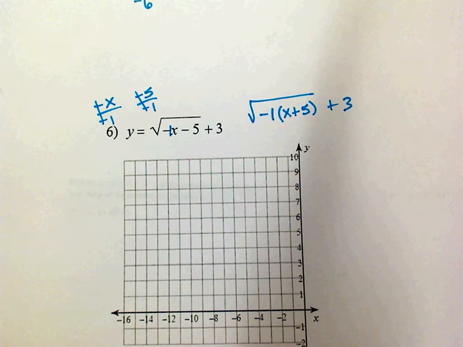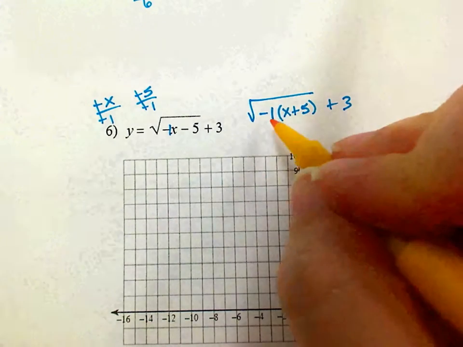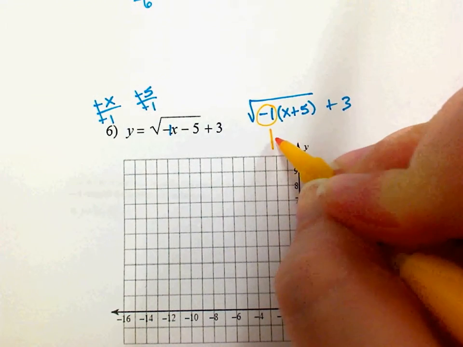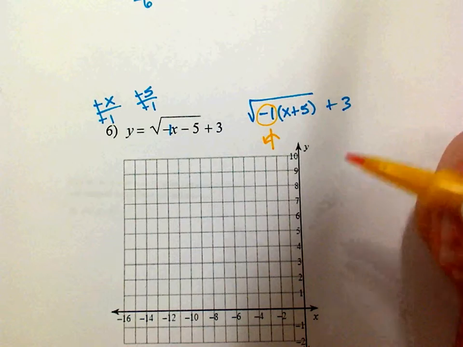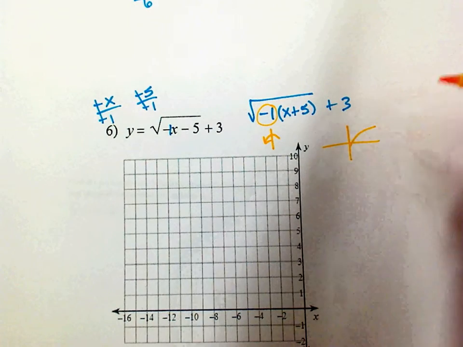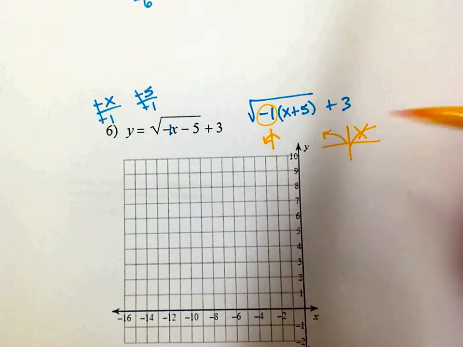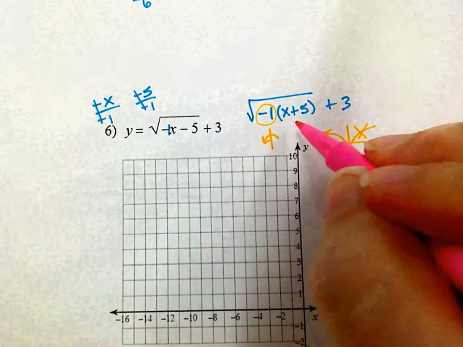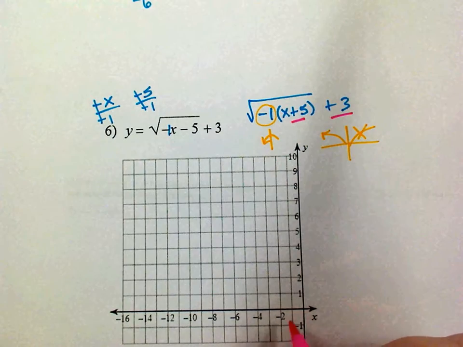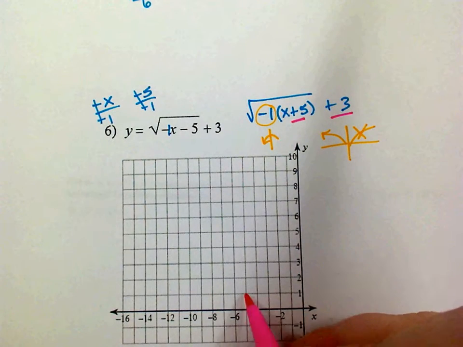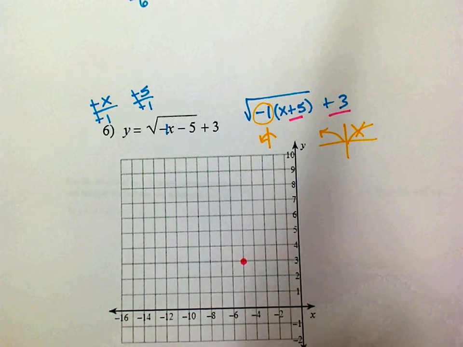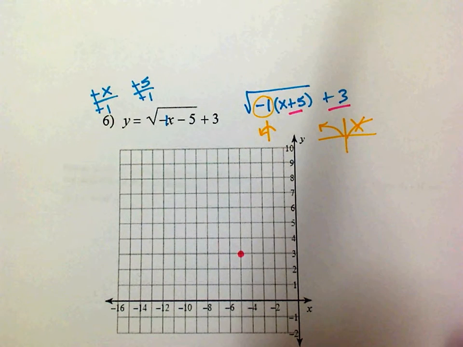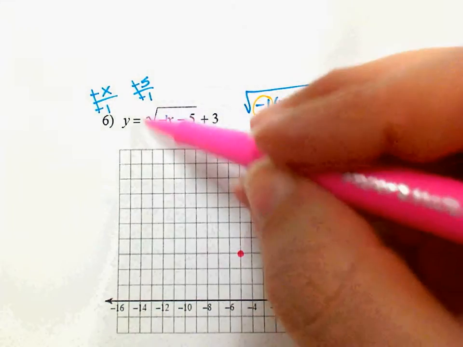So this negative on the inside actually means that I'm going to flip over the y-axis. Instead of looking like this, I'm going to look like that. And then the transformations I can pretty much do in whatever order at that point. I'm going to go left 5 and up 3. So here's left 5 and here's up 3. Now, there's no number in the front, like a 2 or 1/2 or a third, so there's no vertical stretch or compression.